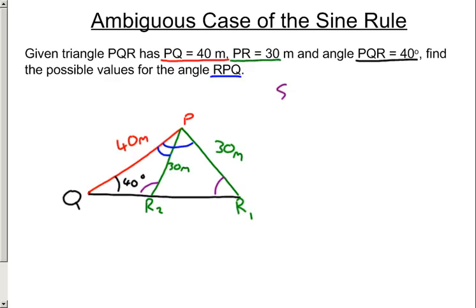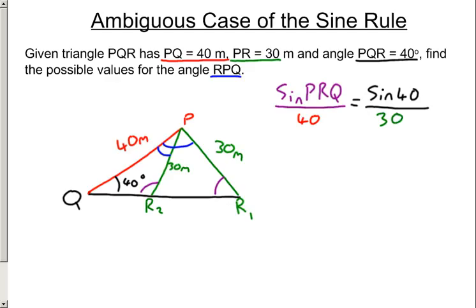So we have sine of PRQ over, well, this is over the one opposite that, which is 40. And that is equal to the other angle, the angle we know, sine of 40 degrees over the one that's opposite the 40 degrees, which is the 30, PR.